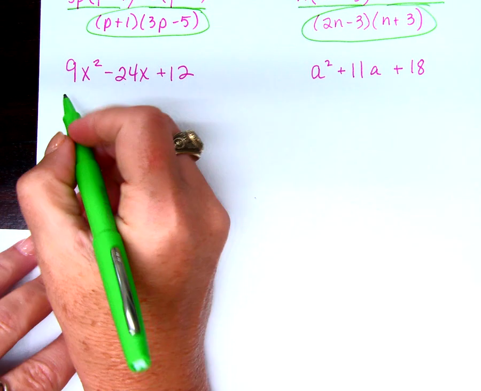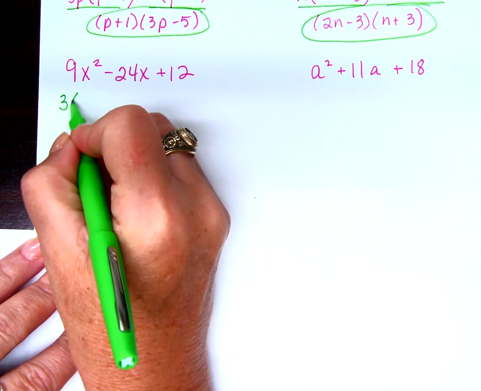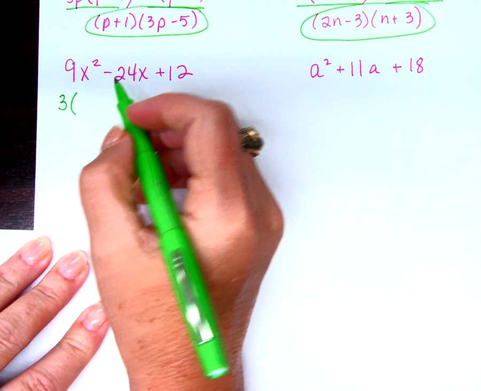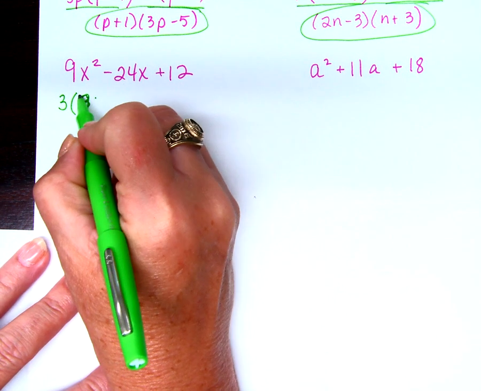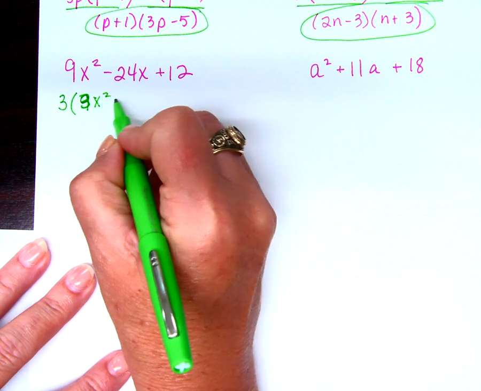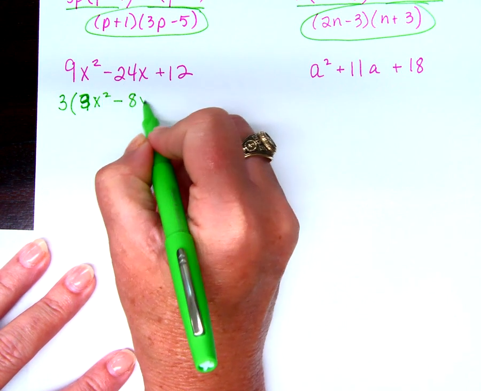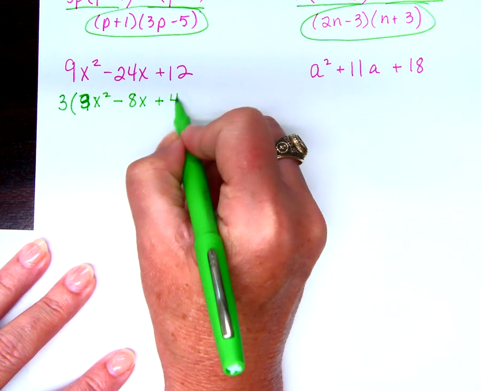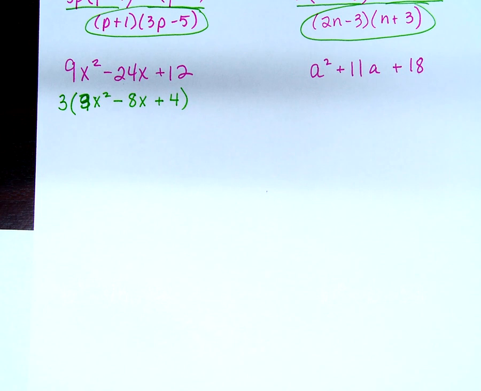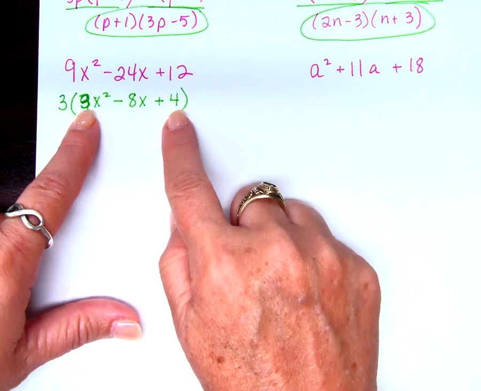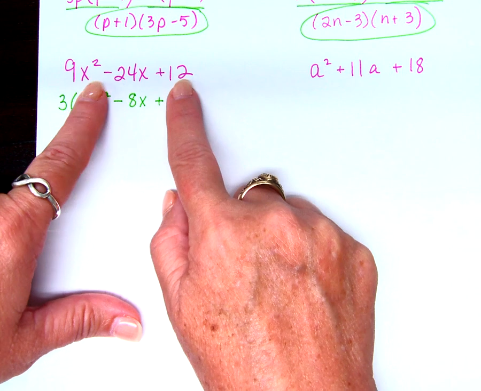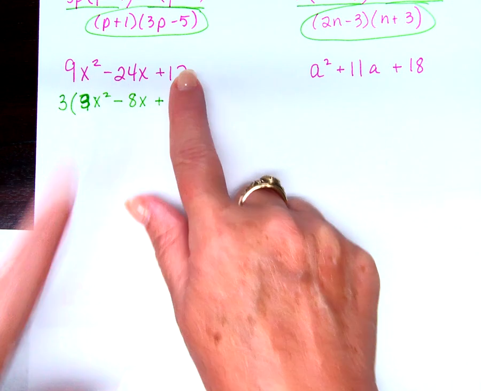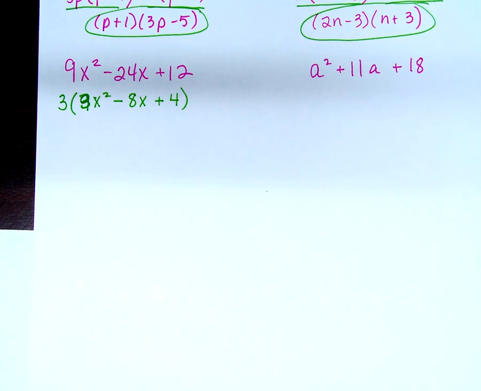So if I factored out a 3 from the very beginning of the problem, what does that leave for me? Sorry. 3x squared minus 8x plus 4. Wouldn't you rather figure out an AC of 12 and a B of negative 8 instead of an AC of 108 and a B of negative 24? Isn't that going to be a lot easier?